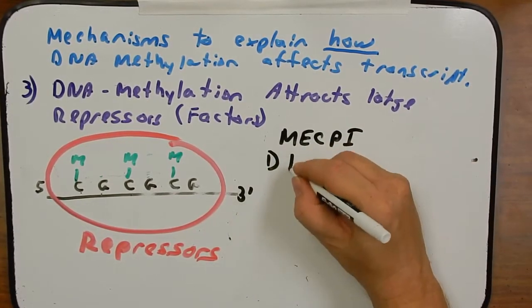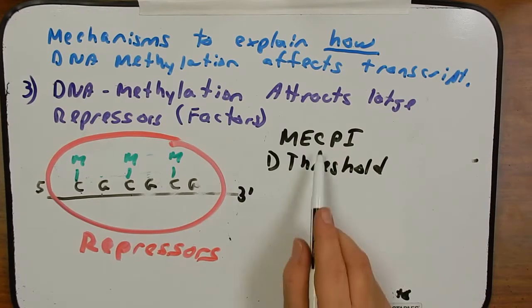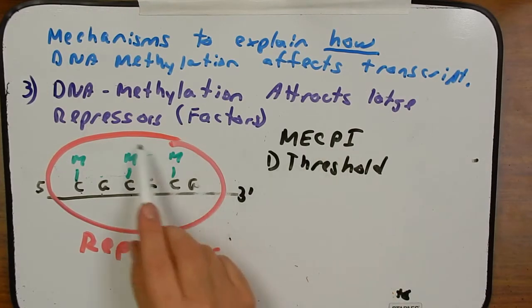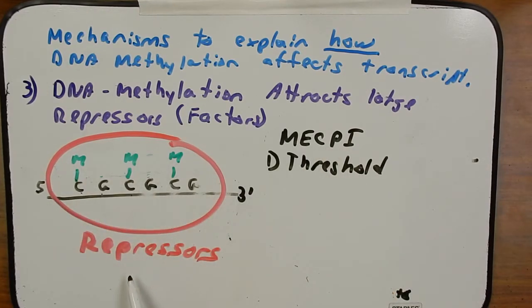The first is this term called threshold. Whether or not MECP1 will bind to these regulatory regions of genes is dependent upon how many CGs are here. If it's just a few, MECP will not bind. But if it's many, and the book isn't clear and the literature is not clear what I mean by many, but for our purposes, I'll just say many CG repeats.